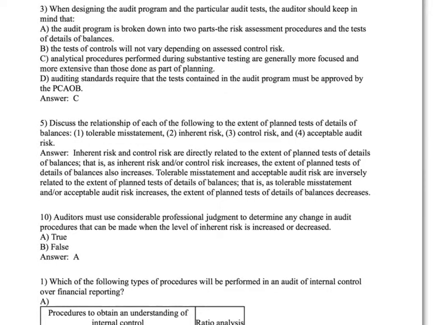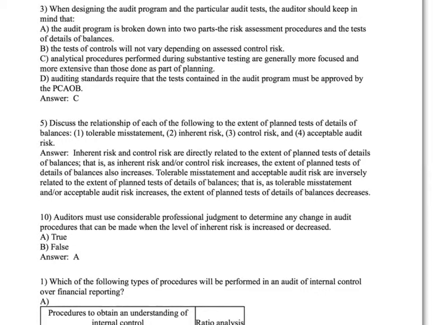But more purchases, you'd probably want to do some sample testing to substantiate your analytics as a substantive audit procedure test. So again, if you're going to rely on analytics for a substantive test, inquiry alone is not enough. You have to back it up with some additional testing, sample sizes, some type of documentation.